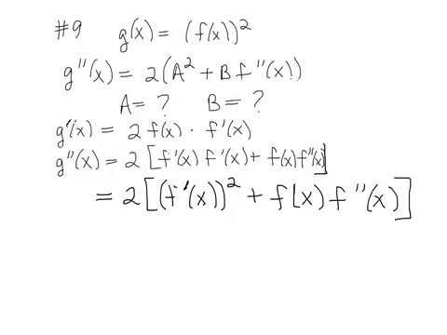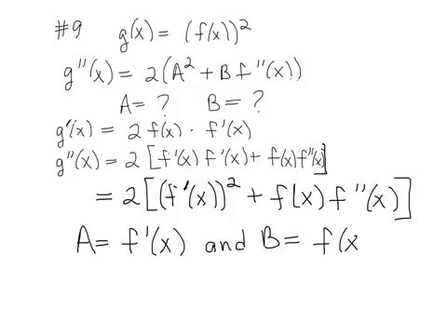And if we look back up at g double prime of x here, well, it's in the same form. So this means A has to be f prime of x and B has to be f of x. Okay, so A must be f prime of x and B equals f of x.